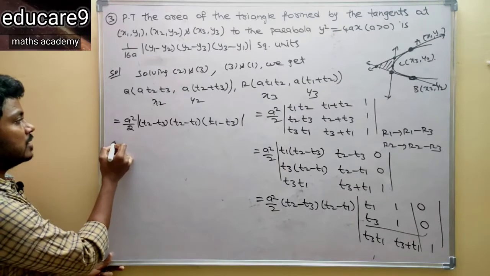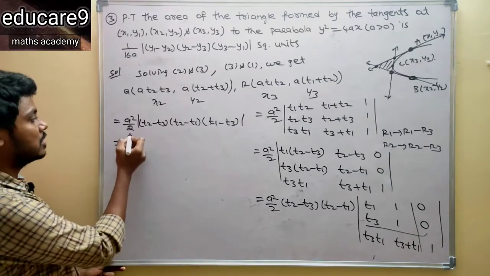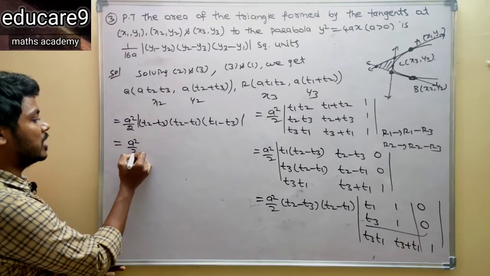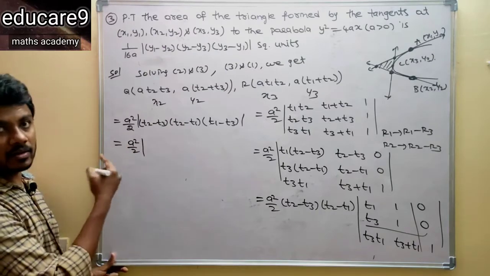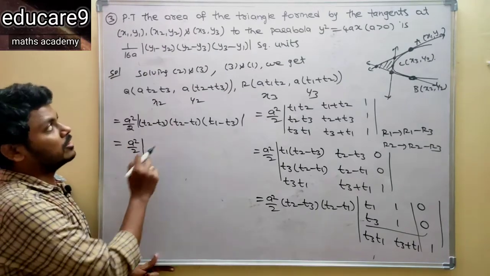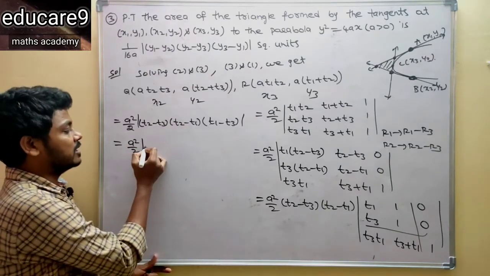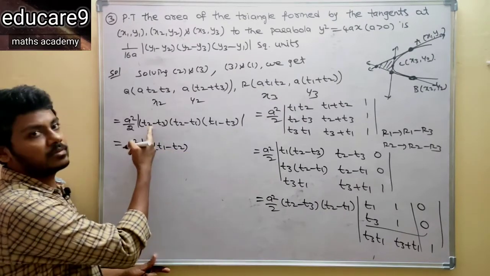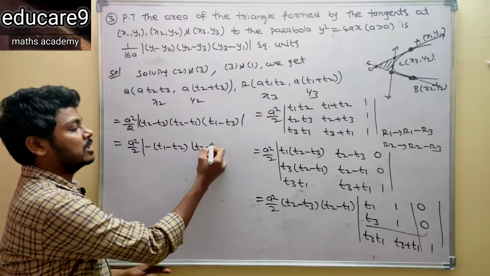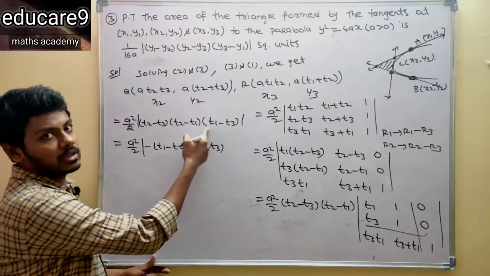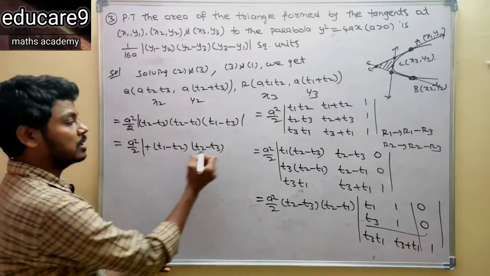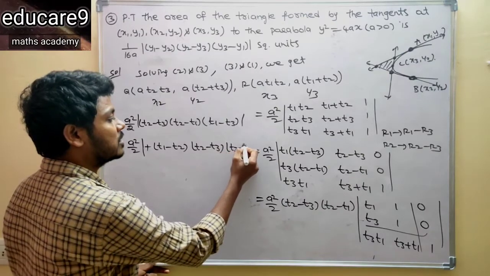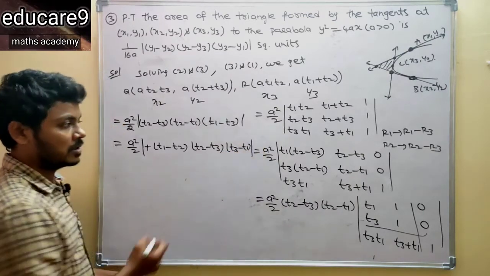So again, this can be written as a square by 2 into, write in the order. See here, write in the order. In this term minus is common, you will get t1 minus t2. Next write this one, t2 minus t3. In this also minus is common, you will get plus. So t3 minus t1. Okay.